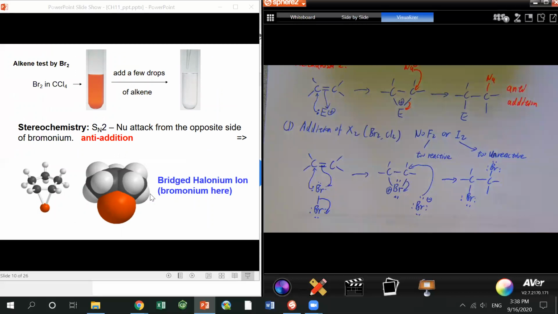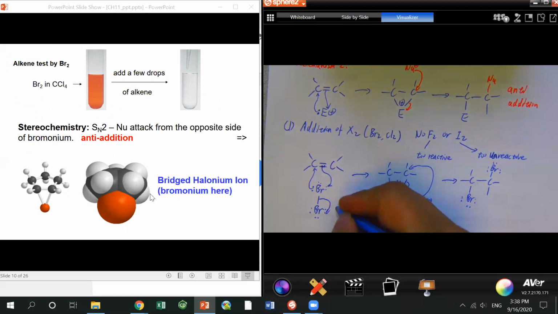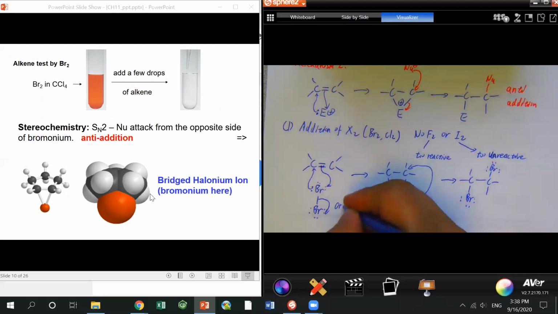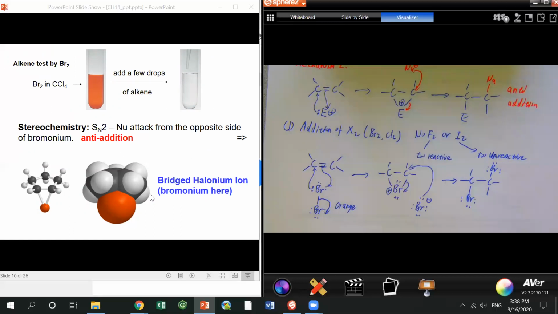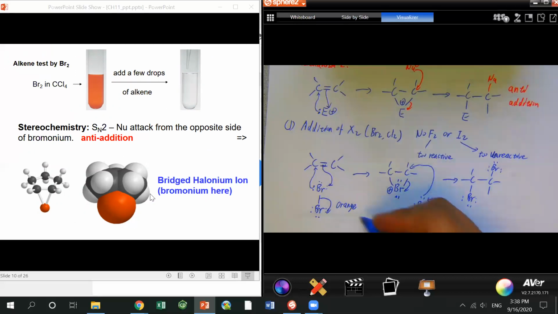Because bromine is a little bit orange in color. If there's no alkene, just regular hydrocarbons, there's no change of color, so you just see the orange.